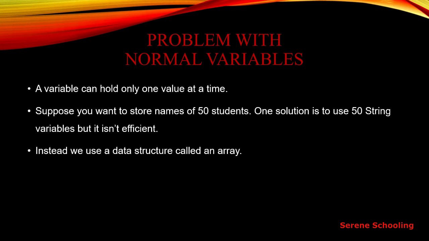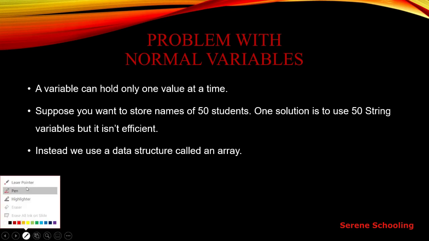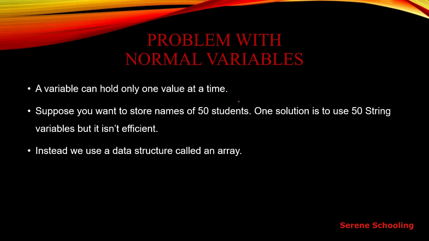An integer can only hold 2, 3, or any other number at once. It can't hold 3 and 5 together; for that, you need to create two variables. This is the limitation of variables.